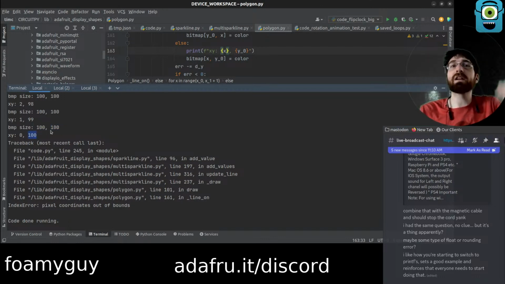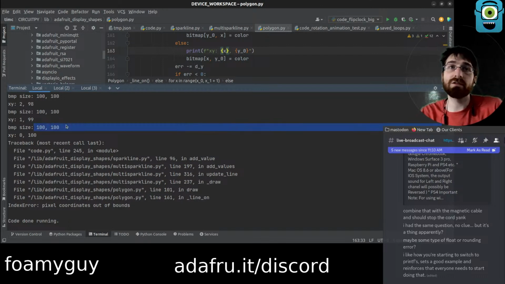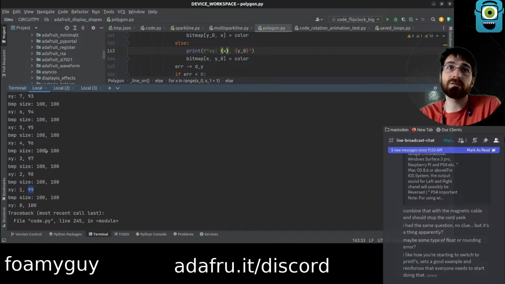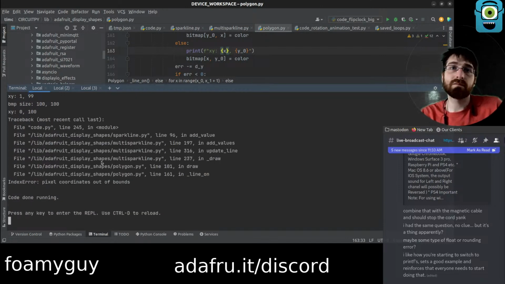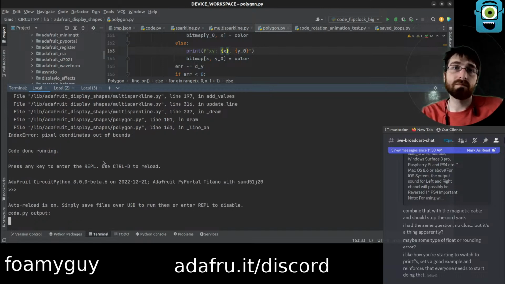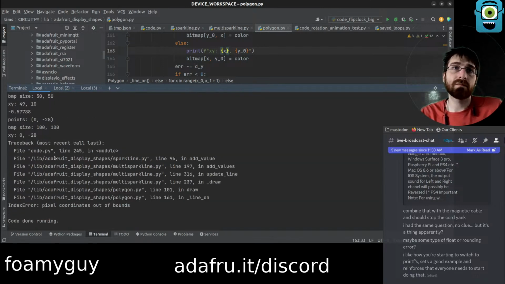So in this case, we're not allowed to access index 100 if our size is only 100. 99 would be the tallest one we can access. And in this case, negatives, we're just not allowed at all. Can't get a negative pixel.